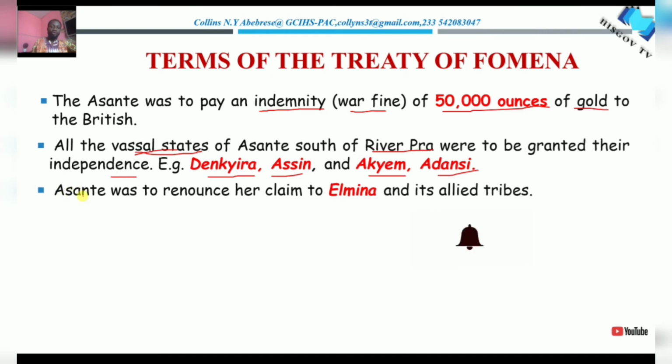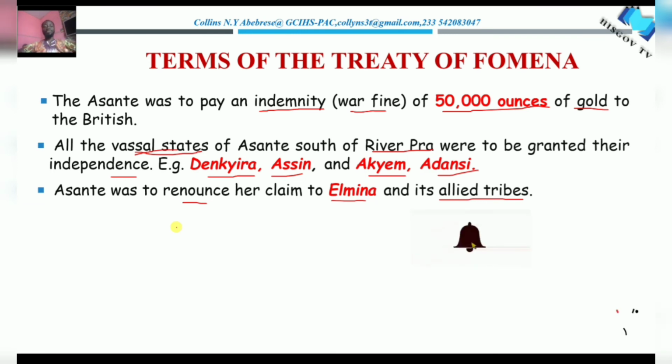Now again, Asante was also to renounce her claim to Elmina and its allied tribes. Of course, one of the reasons for the Sagranti War was to reclaim Elmina, which had been for the Asante time immemorial.